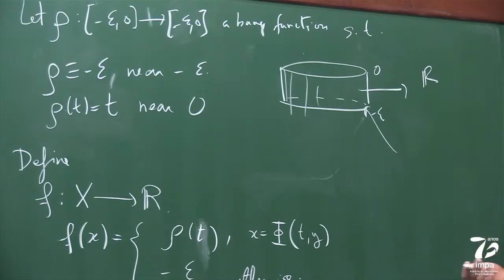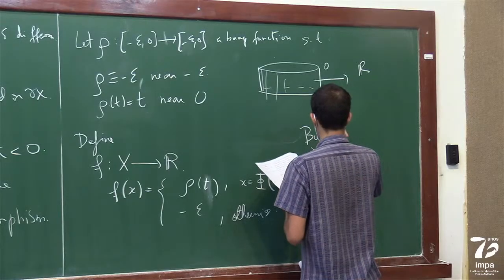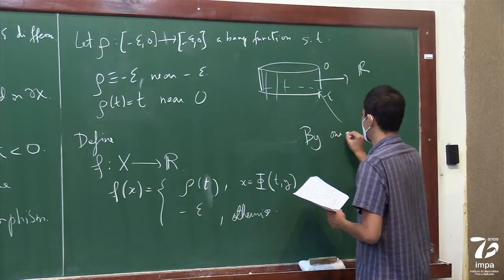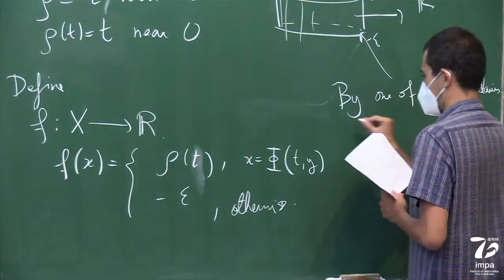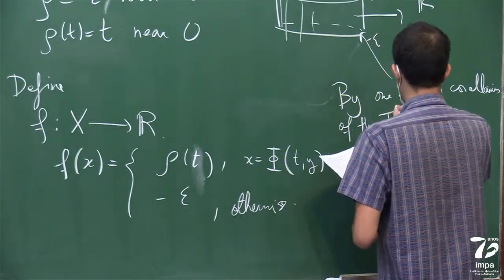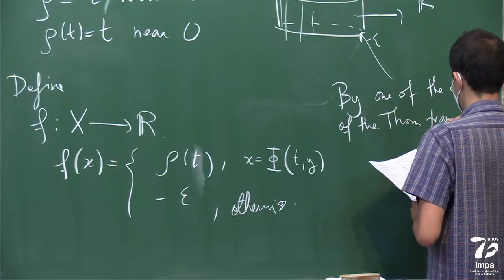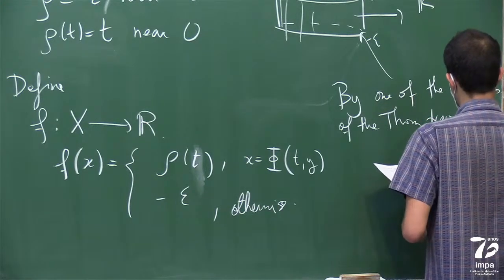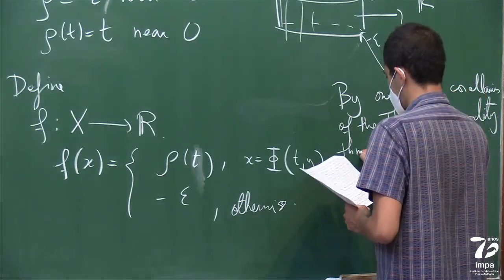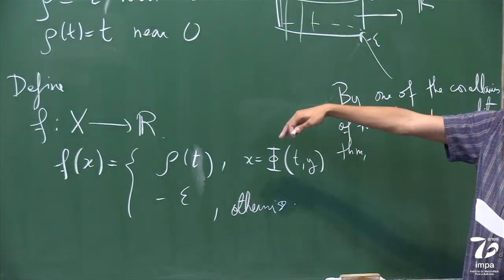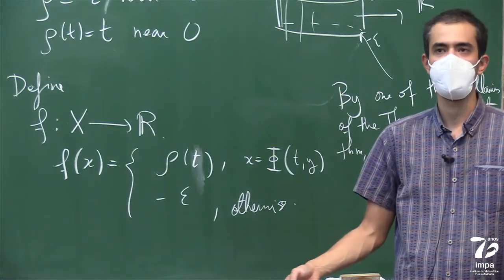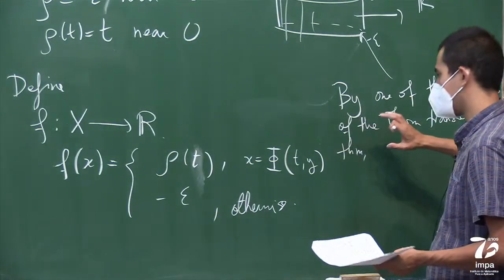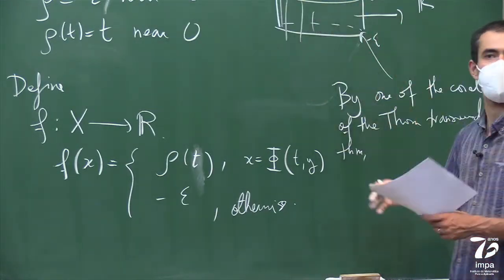But we can use the Thom transversality theorem. So by the Thom transversality theorem, or by one of the corollaries of the Thom transversality theorem, we can find a nearby function which is actually Morse, which is transverse to the S1 that we talked about before, which coincides with F on a neighborhood of the boundary.